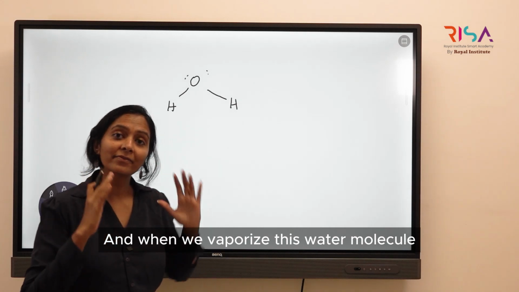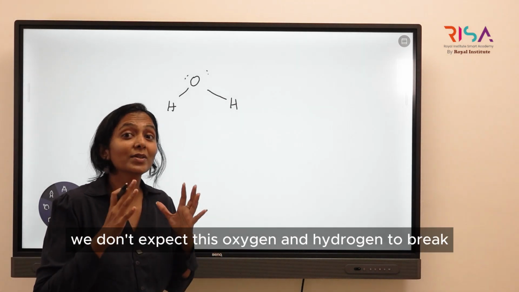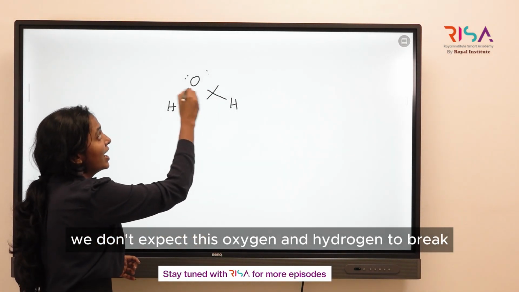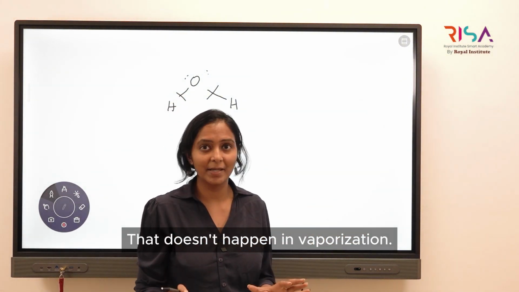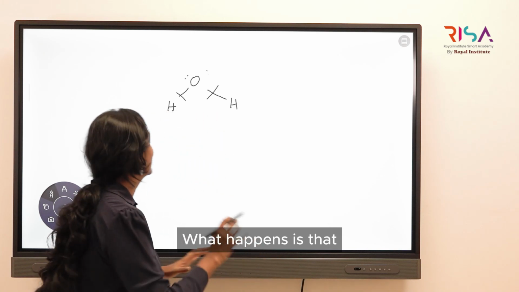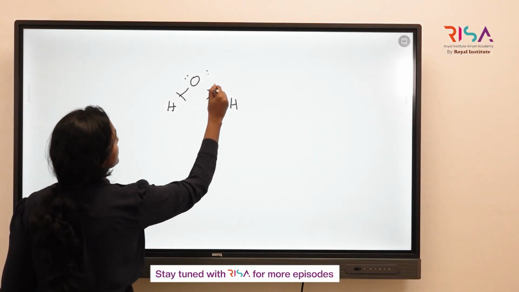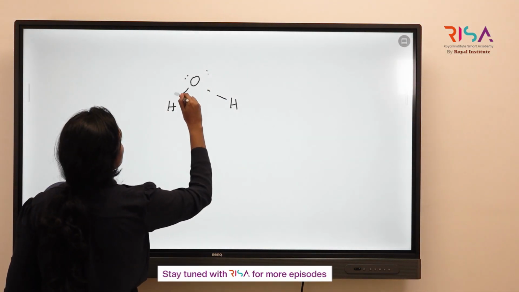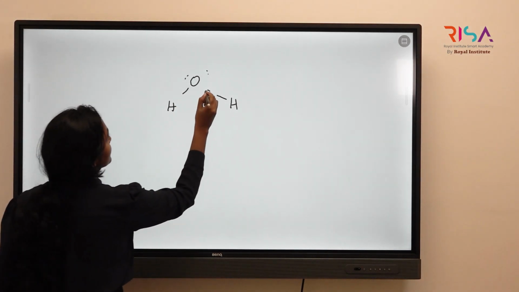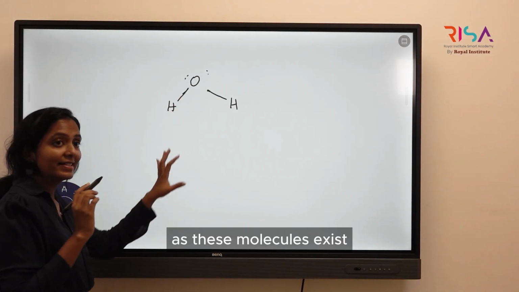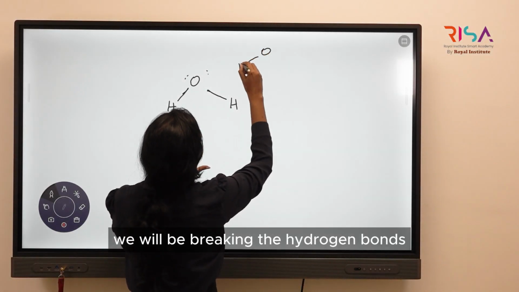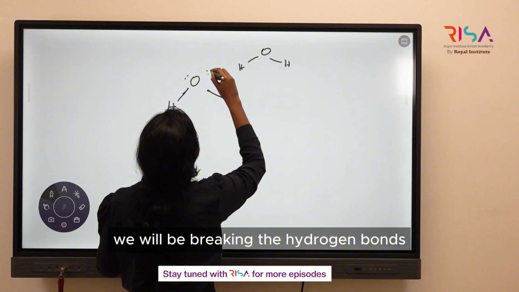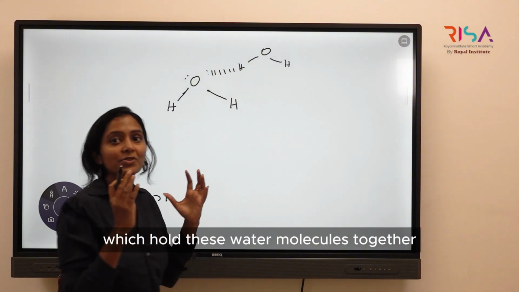And when we vaporize this water molecule, we don't expect this oxygen and hydrogen to break and go as ions. That doesn't happen in vaporization. What happens is that, as these molecules exist, we will be breaking the hydrogen bonds which hold these water molecules together.